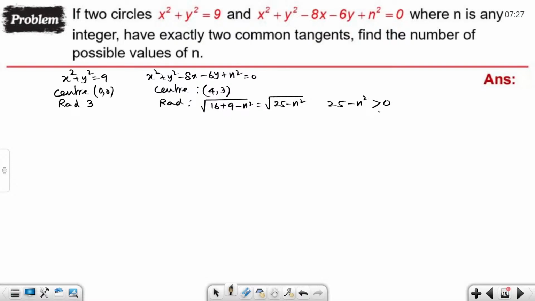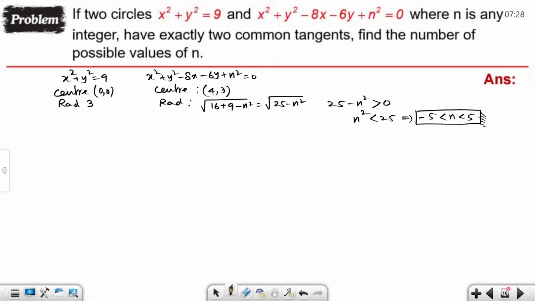Why I'm not giving greater than equals to 0? You must comment me in the comment section. I've only taken it is greater than 0. So from here we are getting that n square is less than 25, implies n is lying between minus 5 and 5. This is the first condition that n should take.